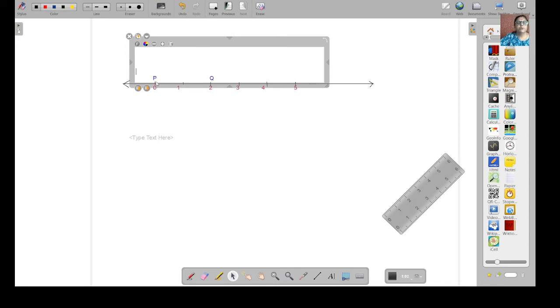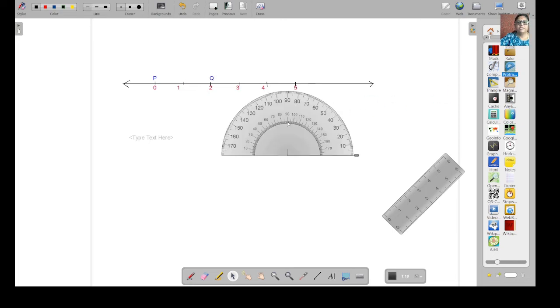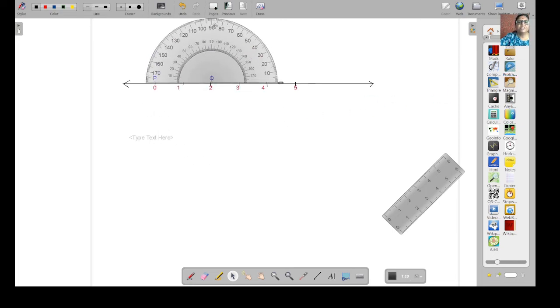Now mark 0 as P and 2 as Q. Now PQ is equal to 2 units. From Q you have to draw a perpendicular line. Take the protractor, keep the center of the protractor on Q and join 90 degree and Q.